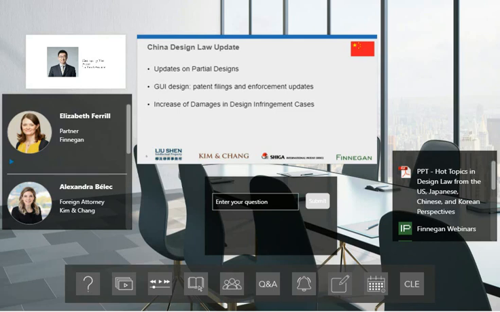We have been providing legal service to quite a couple of big companies, and I'm mainly on the patent litigation side. So my service covers the fields of design and engineering, software, telecommunications, and medical service, something like that. So I'm very happy to be here and to introduce some updates on the design system in China.